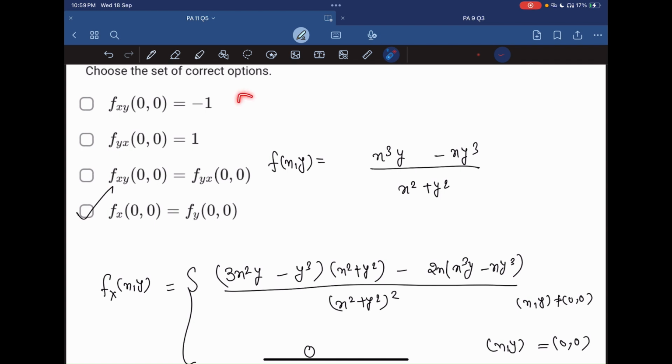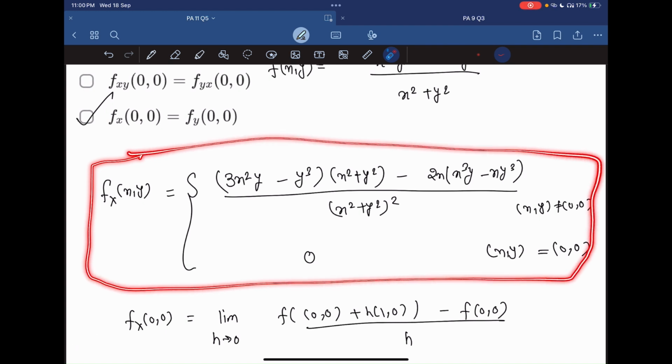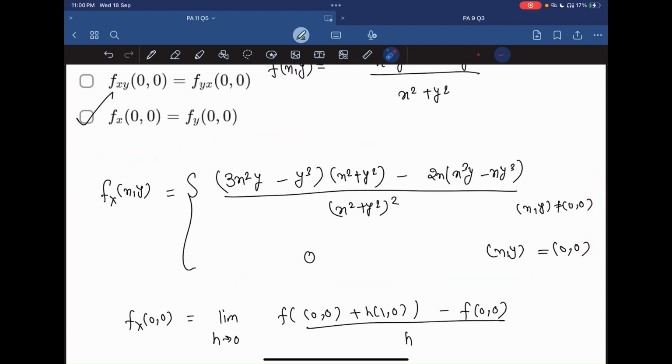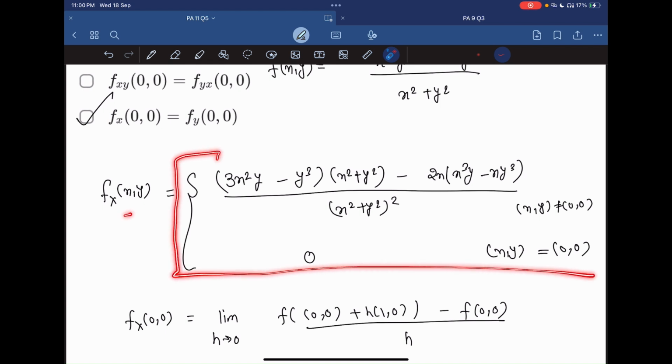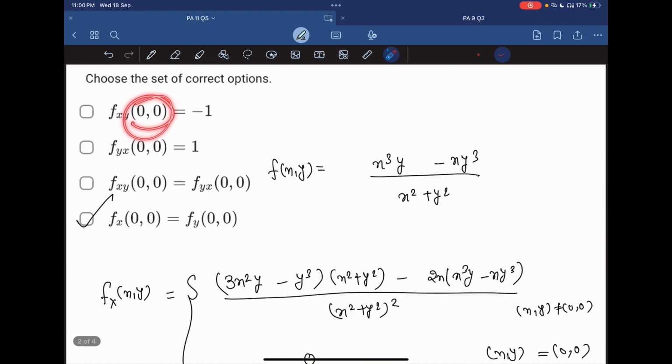Now the remaining three options are about the second order mixed partial derivatives fxy and fyx. First, let's consider the partial derivative with respect to x. If we want to find fxy, then we have to take the partial derivative of fx with respect to y, and calculate it at the point (0, 0).